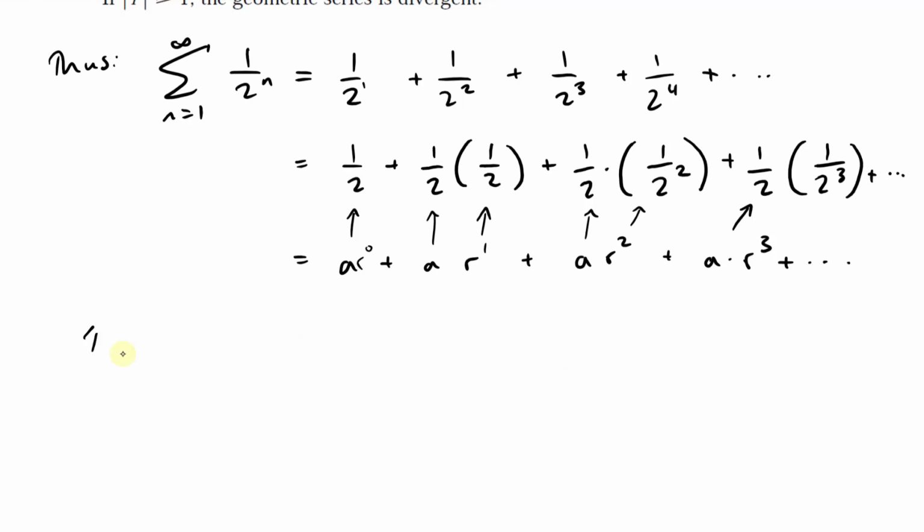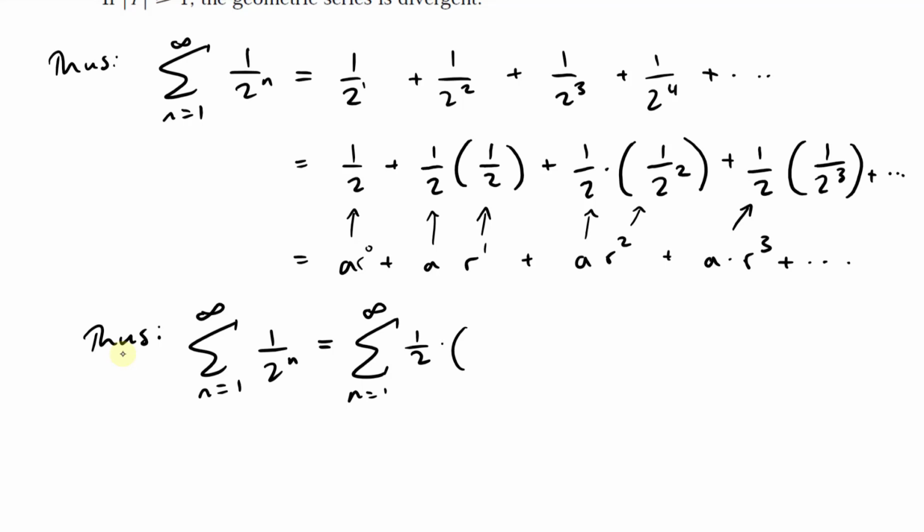So for completeness, just to recap further, we will have the summation from n equals 1 to infinity of 1 over 2 to the n. This just equals the summation from n equals 1 to infinity, and this one's going to be, well, a is 1/2 times, now we have a 1/2 and then the power of 0 here.